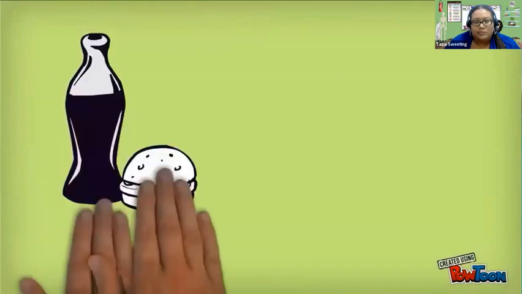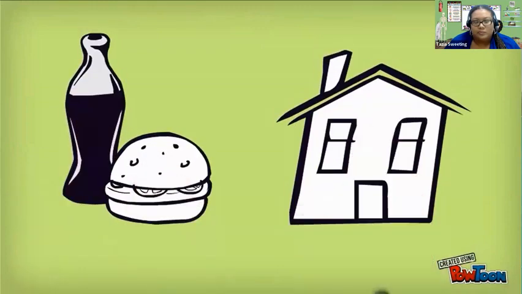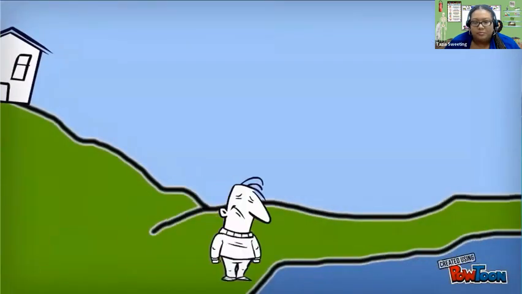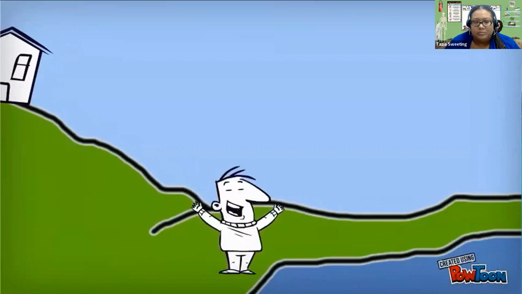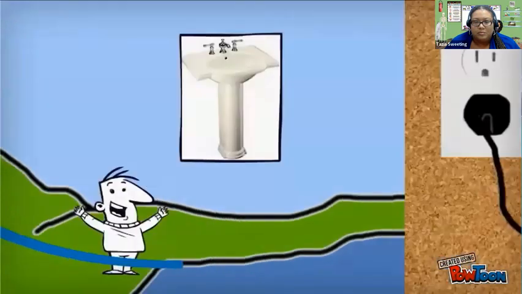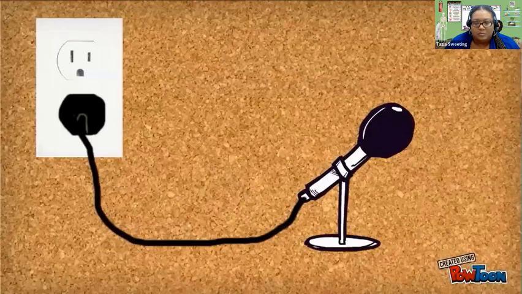All humans have basic needs, such as getting water and food and having a shelter. Technology is a way to make this easier. Instead of going down to the lake to get water, humans invented a way to bring it straight to our homes with indoor plumbing. Some technologies have wires and plug into the wall, like microphones.